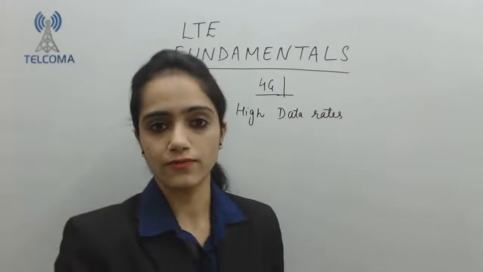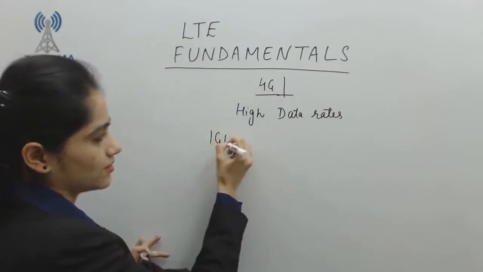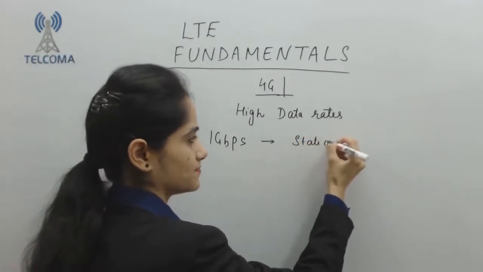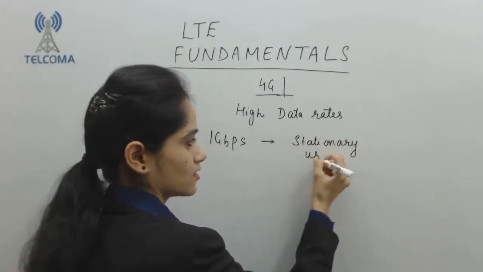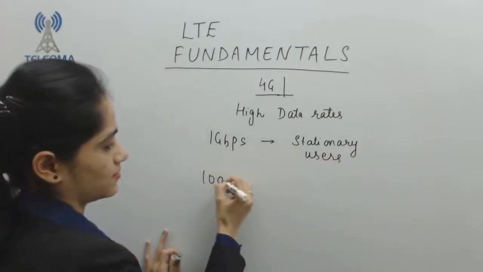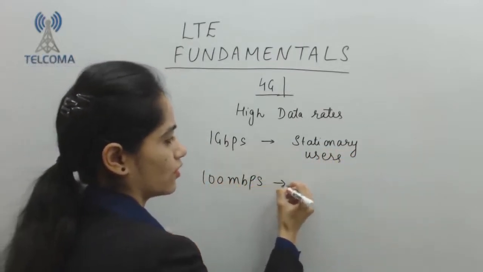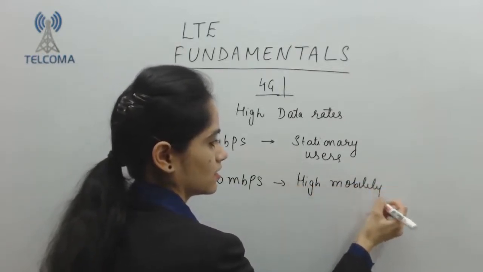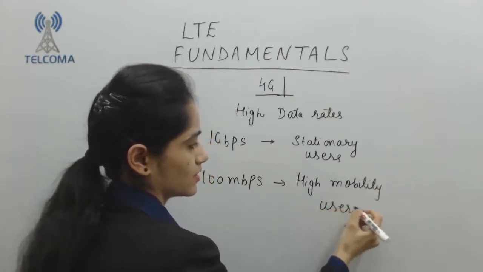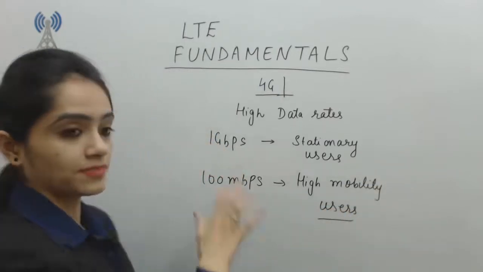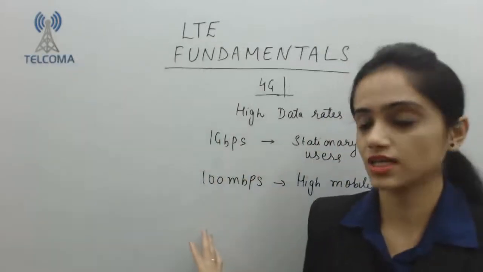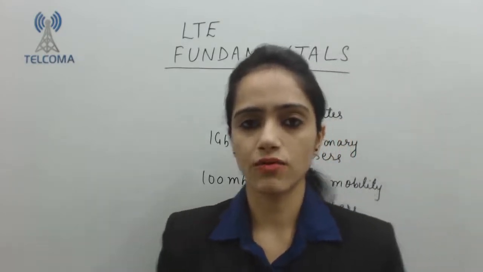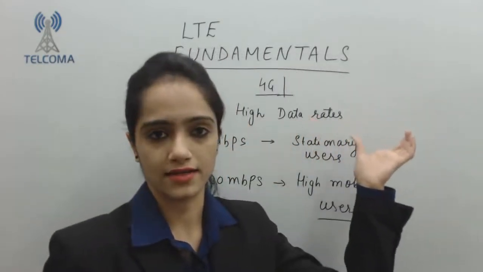The proposed aim of 4G network is 1 gigabit per second for stationary users and 100 Mbps for high mobility users. So we have an aim of 1 gigabit per second and 100 Mbps for stationary as well as for high mobility users. So that means fourth generation evolved because of the requirement of high data rates.